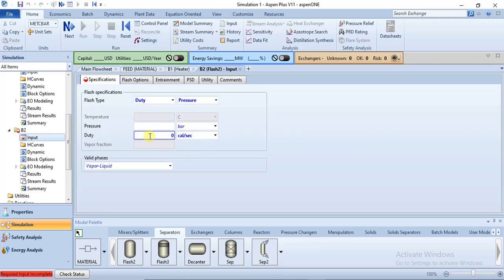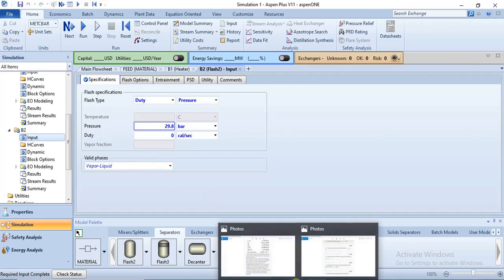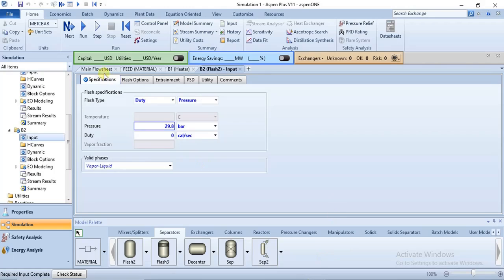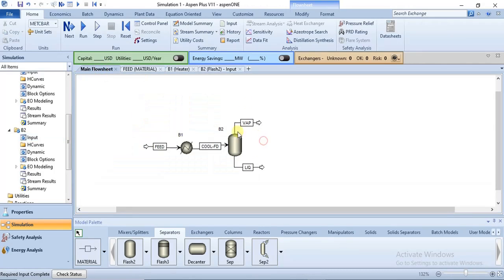Then pressure will still be 29.8 bar, because the question said 0 pressure drop for the flash tank. So the pressure of the inlet will still be the same as the pressure of the outlet. So we have that taken care of. Now this is fully specified. You can run your process.